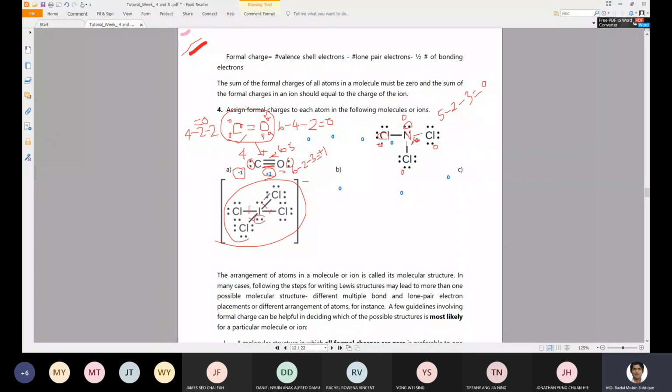These 2 to 4 electrons should be added to iodine, because chlorine does not take, but iodine takes them in this case, because iodine is bigger than chlorine, right? Fluorine, chlorine, bromine, and then iodine. Iodine is much bigger, so it has more d orbitals in it, so it can take more lone pairs. It does not have to fill up only 8 and then be done. No, it can have more than that.